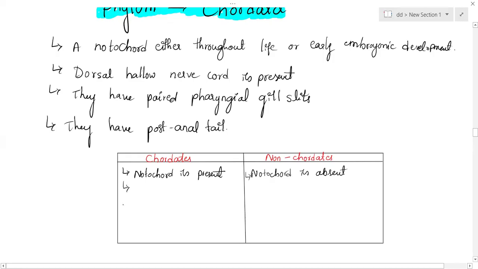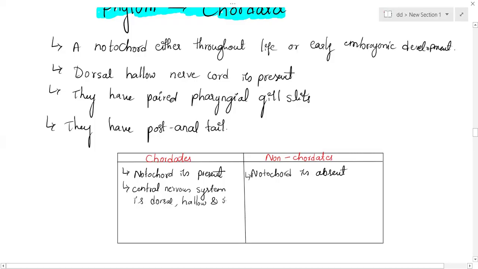Here, the central nervous system is dorsal, hollow and single. The central nervous system, you can also write it as CNS, is dorsal and it is hollow. I'll draw the picture so that you will get clarity.